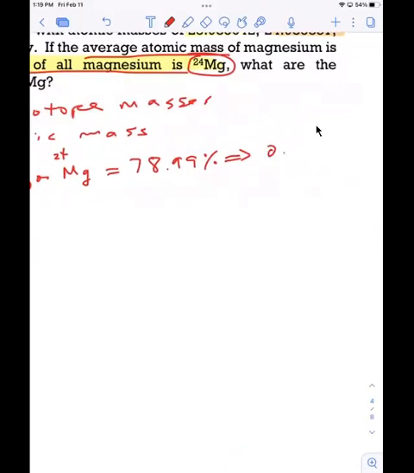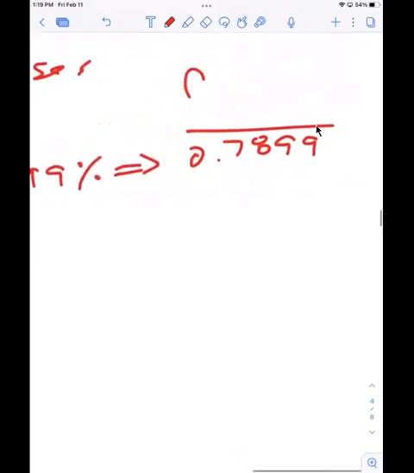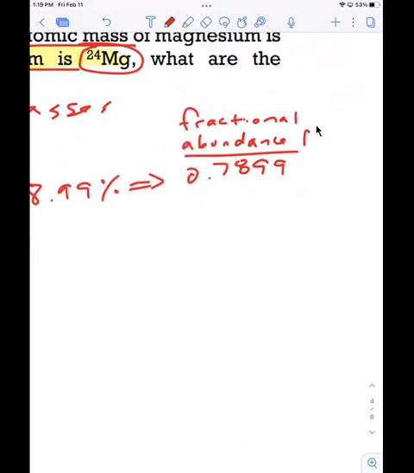So it's 0.7899. This is the fractional abundance for magnesium 24. All right. So we have a lot of information to work with.